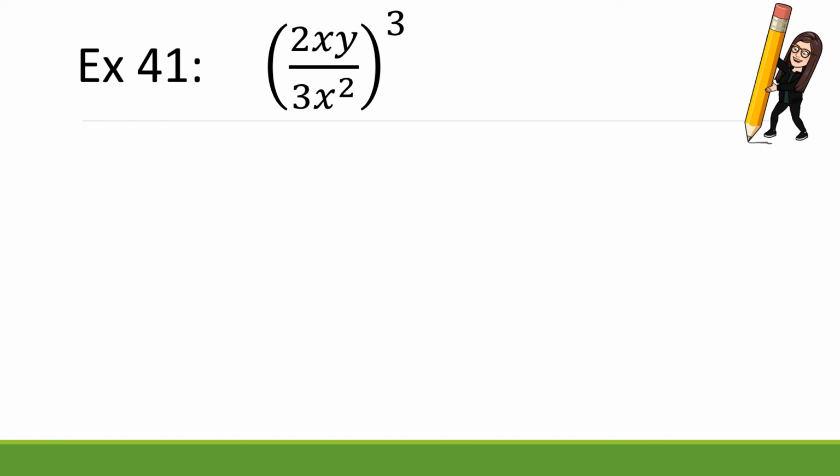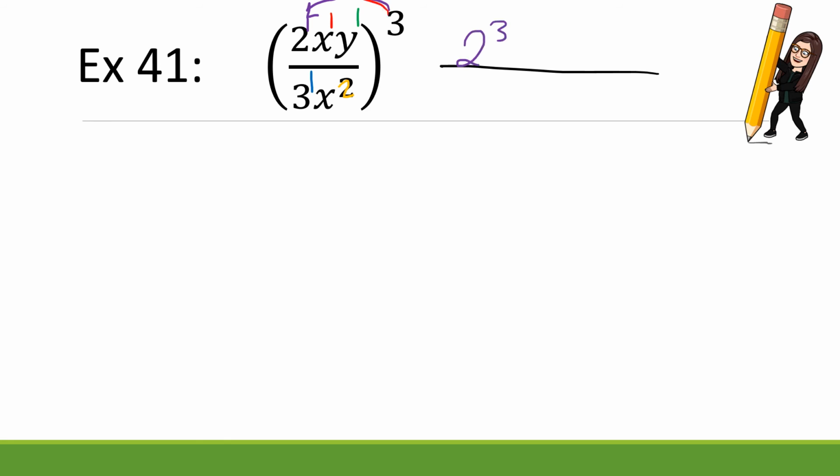Ooh, we're getting a little busier here. I have 5 pieces. The 2 has a 1, the x has a 1, the y has a 1. The 3 has a 1, the x has a 2. Let's get to distributing. An exponent of 3 times 1 is 3.